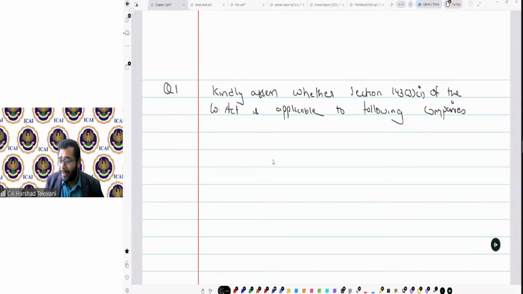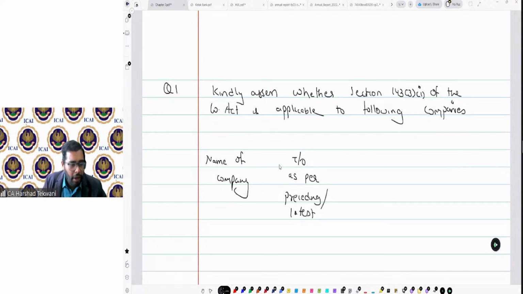Okay, whether it is applicable to the following companies or not: name of company, turnover as per the preceding or latest audit report, then borrowings, that is the max limit or the top limit till which it went in a year.